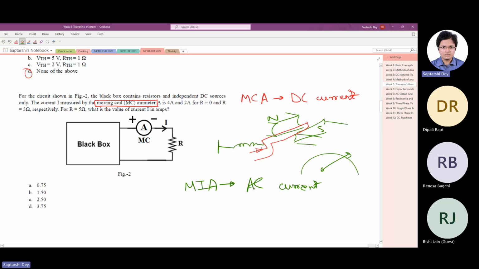This is because if you give an AC current to this coil, which is oscillating say at 50 hertz, it will try to rotate the coil, but the coil has some inertia. At the end, the net torque will be 0. In fact, even if the coil is very light, then also the net torque will be 0. But you will not get to find any current value out of it because it will keep oscillating. Okay.